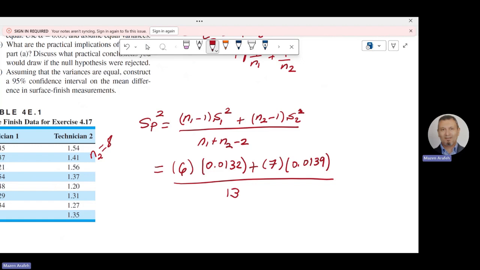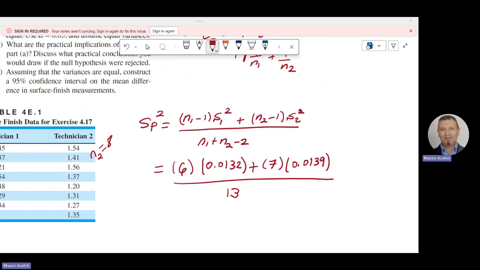So this is my total degrees of freedom. So now I have the pooled variance.